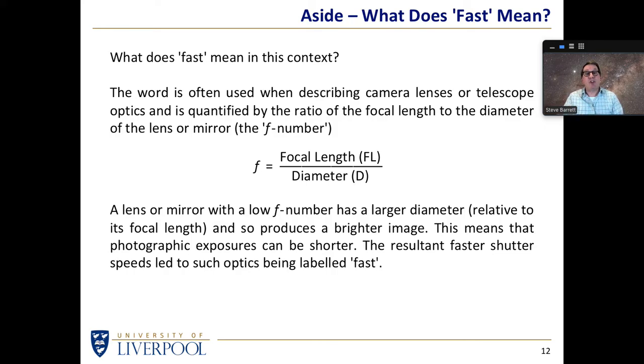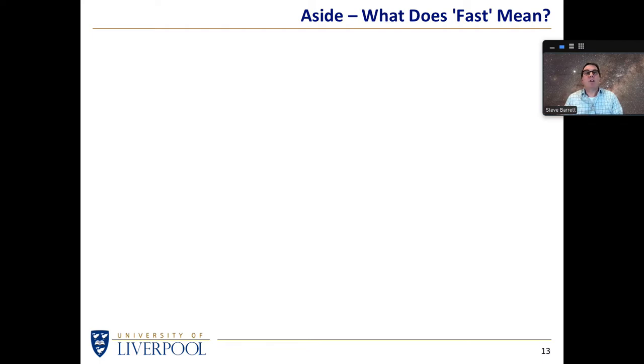And if the image is bright in the photographic sense, that means we can have a short exposure or a fast shutter speed. So because of the way photographers think, the idea of optics having a large diameter for a given focal length, because that leads to fast shutter speeds, that then gave this set of optics the nickname fast optics.